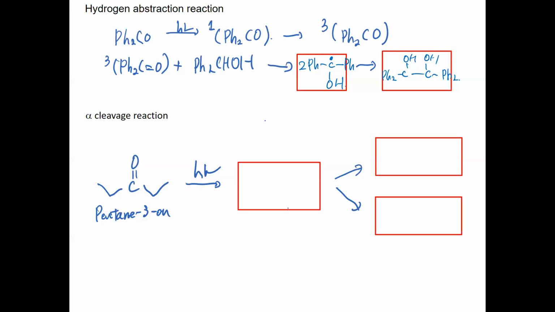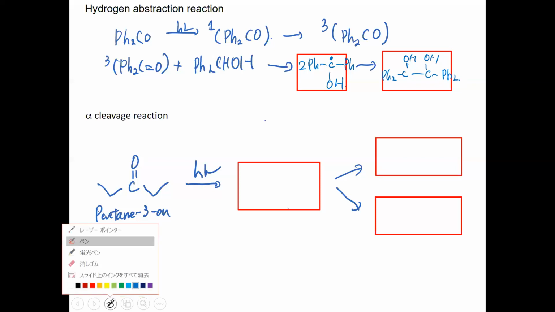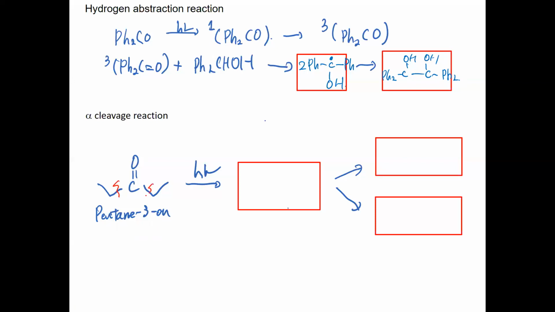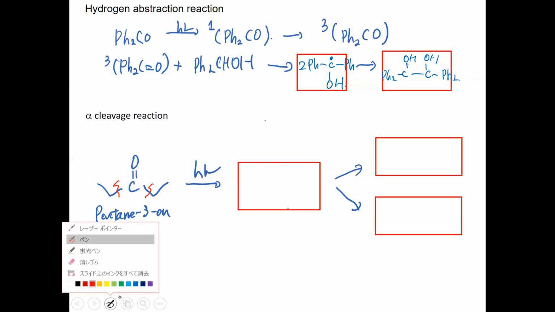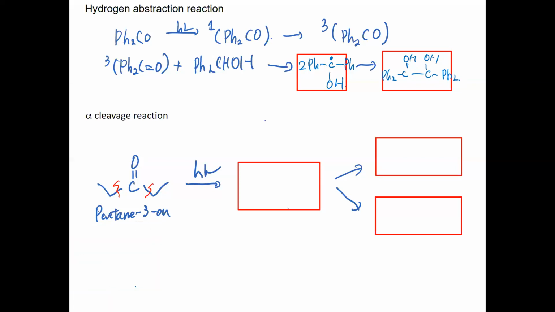And here is an example of the alpha cleavage reaction. As we mentioned, if it's a symmetrical molecule, the possibility of cutting is here and there. So what you could obtain is CO plus radical species, for example.